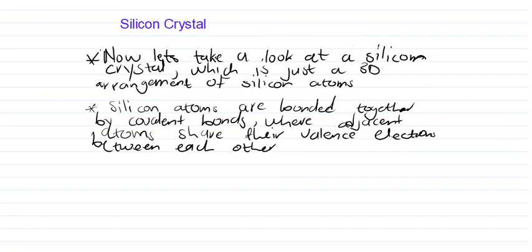Okay, sorry guys, I'm making a mistake. I'm getting a bit confused. Okay, let's read out this point. It says, silicon atoms are bonded together by covalent bonds, where adjacent atoms share their valence electrons between each other. So you should know this from your chemistry class. I'm not going to go over it. I will assume you know it. Moving on, guys.